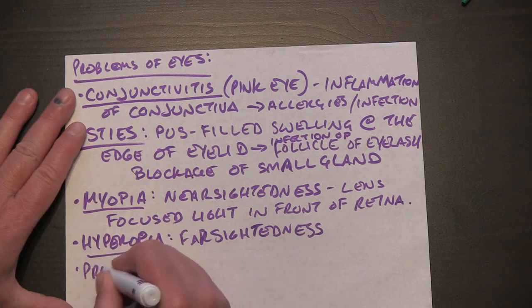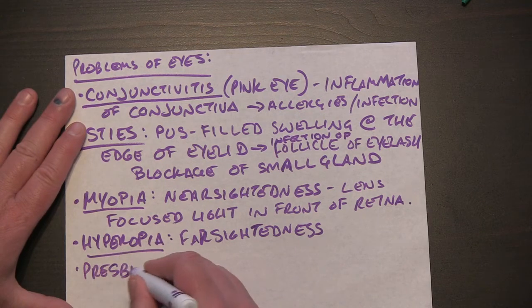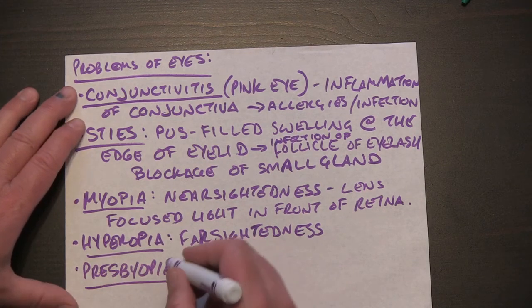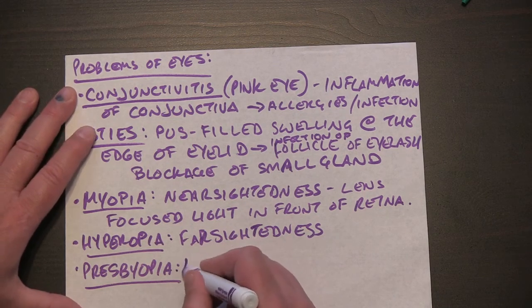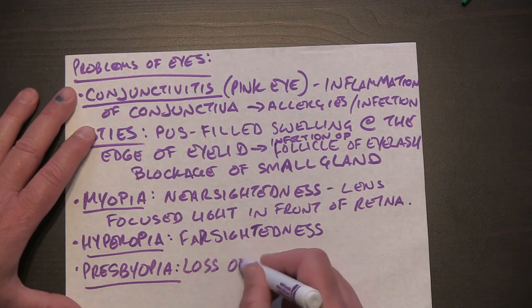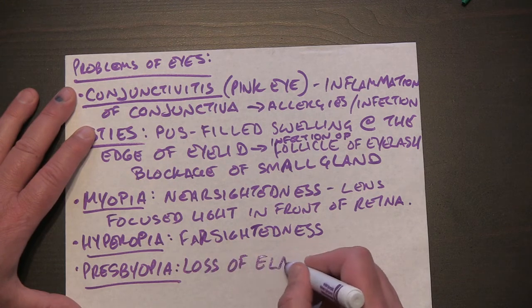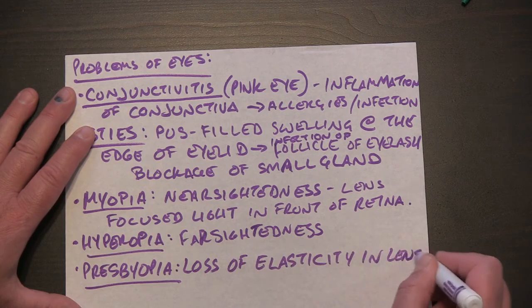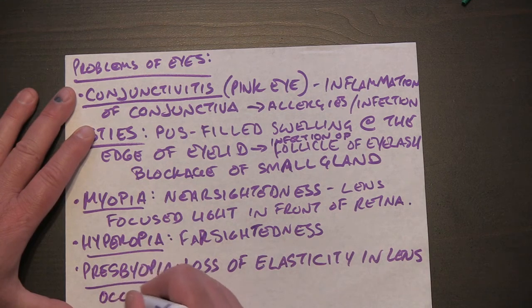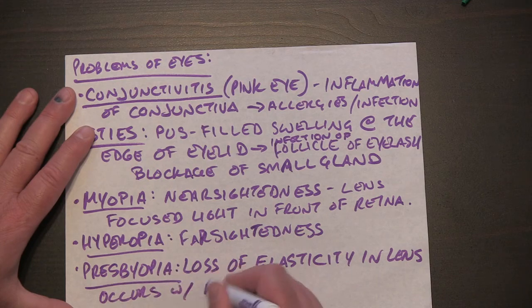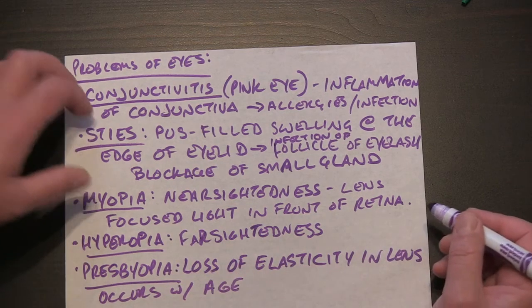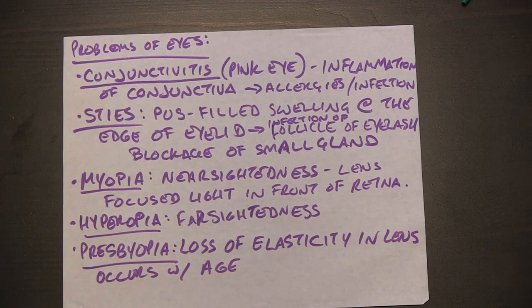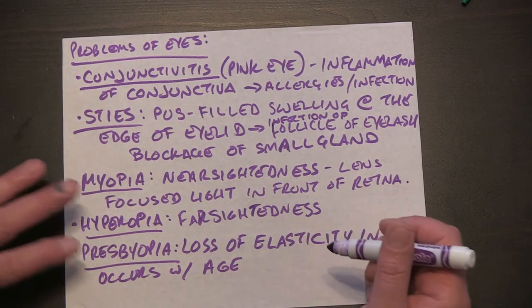And presbyopia. This is the loss of elasticity of the lens, and this occurs with age, which is why by the time you hit 40 or 50, you're probably going to need reading glasses, if not before that.